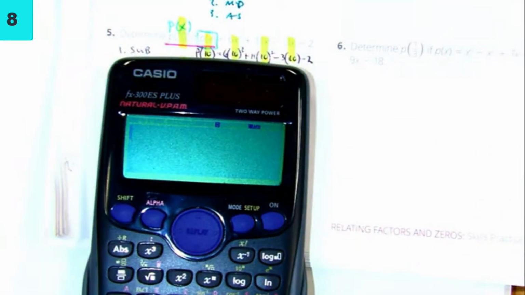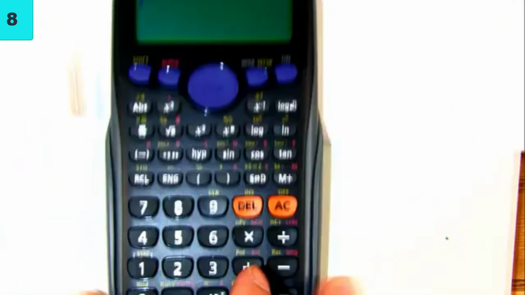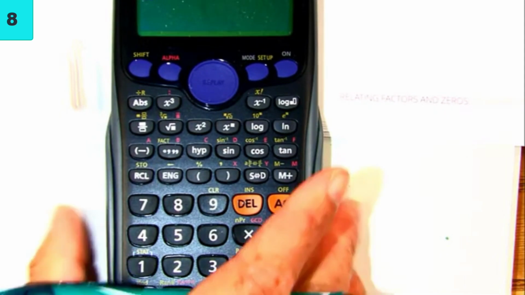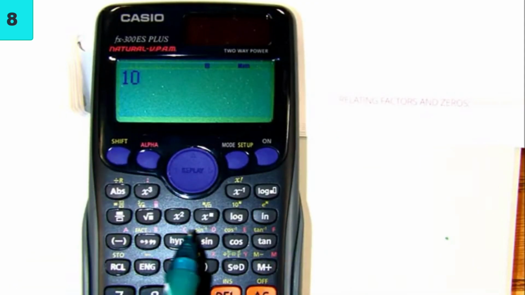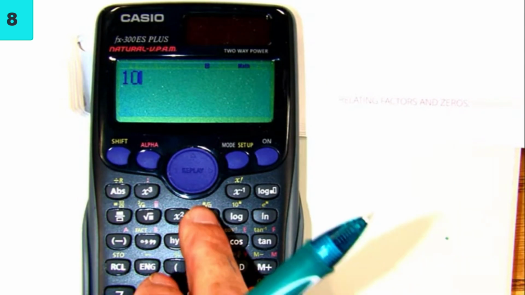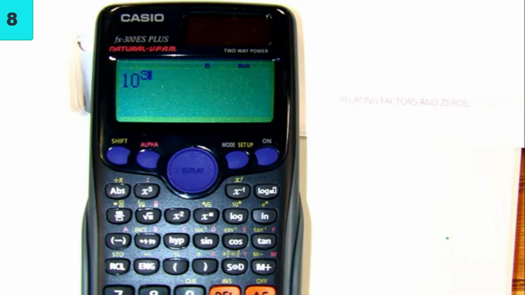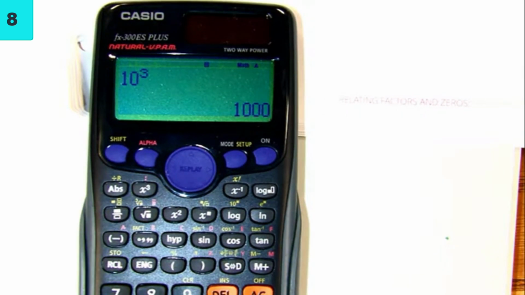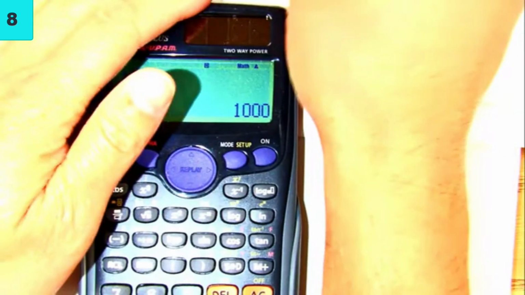I'm going to press 10, and then the button I'm going to press is the exponent button. Some of your calculators have x to the y power. And then I can just type it through there and press enter. And I get 1,000. So we just got 10 to the third power equals 1,000.